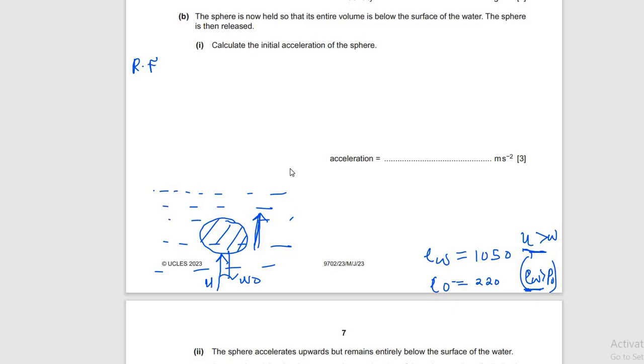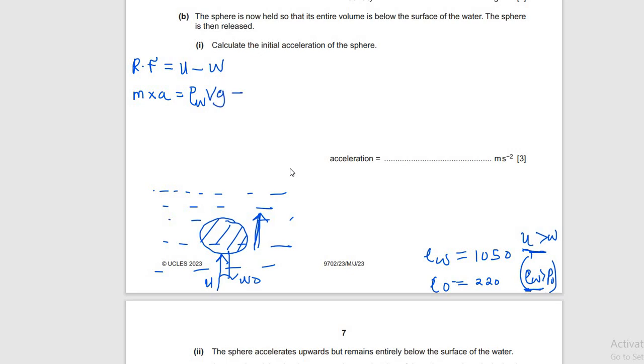In this case, since the upthrust is greater than the weight, it will be upthrust minus weight. According to Newton's second law of motion, resultant force is mass times acceleration. Remember, the upthrust is from the water. Upthrust is density of water, volume times gravity, minus weight.